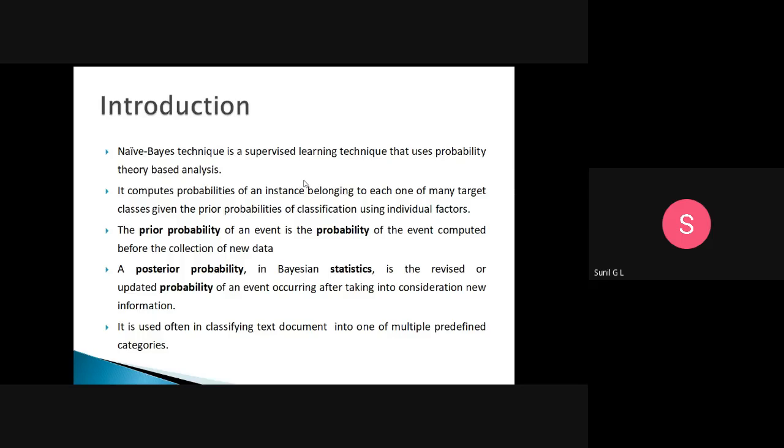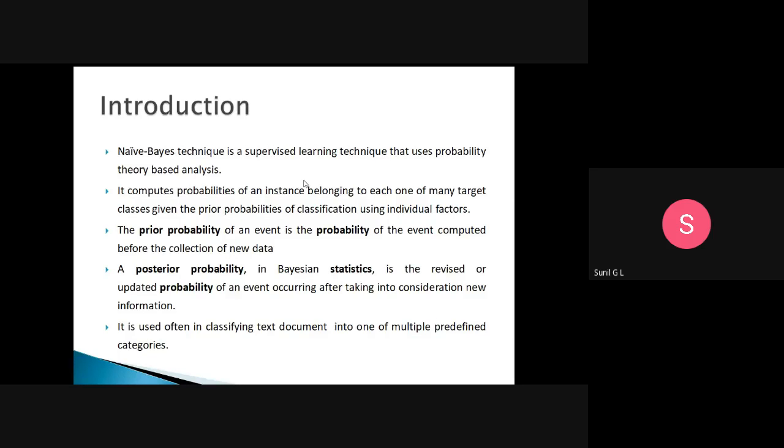It computes the probability of an instance belonging to each one of many target classes, given the prior probabilities of the classification using individual factors. So from the prior probability, it will calculate the future.